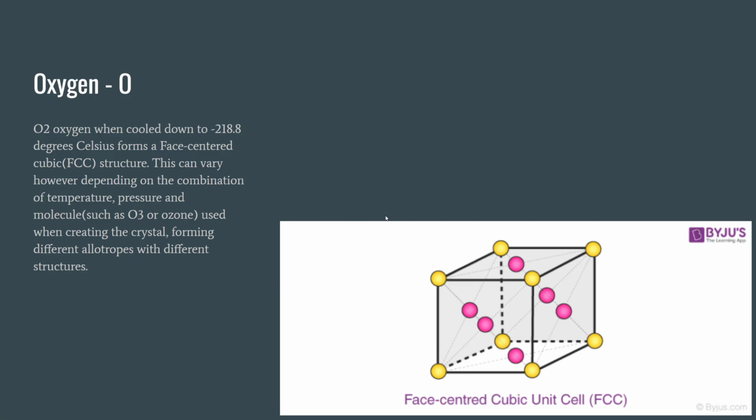This can vary, however, as oxygen, depending on the temperature, pressure, and the molecule, such as O3 or ozone, used in this cooling process, can form multiple other structures known as different allotropes, which all have their own lattices. But we will be using primarily the typical FCC structure here.